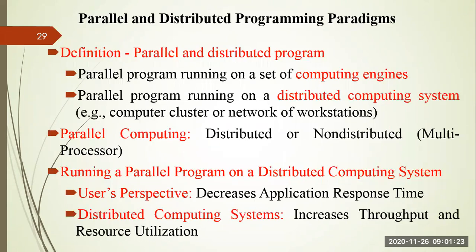If you want the definition of a parallel distributed program, you can say parallel programs running on a set of computing engines, or a distributed computing system. You can see here two words, one is parallel, another is distributed. As the name suggests, parallel means you are doing two works simultaneously.